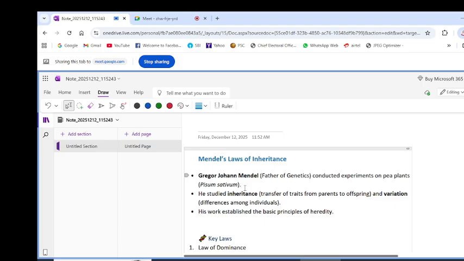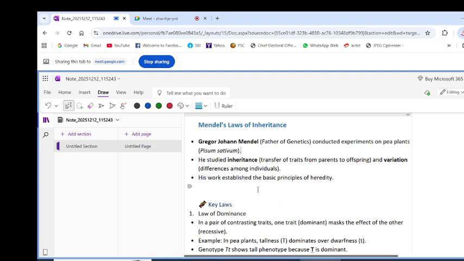So he thought about why this kind of change was happening in every generation. He was a botanist, so he decided to investigate the process behind this phenomenon.